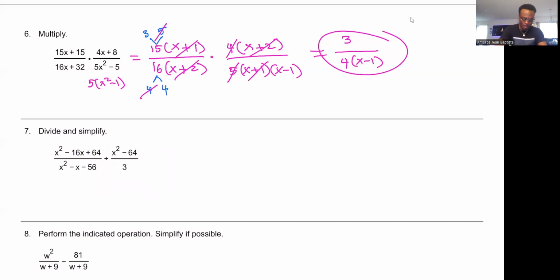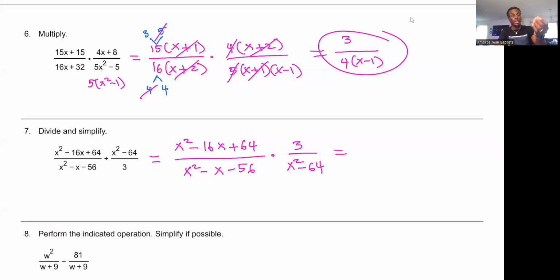After this, your expression becomes x squared minus 16x plus 64 over x squared minus x minus 56 times 3, we flip it, over x squared minus 64. And then now we can factor just like we did from number 6, and then completely factor and simplify the common factors.